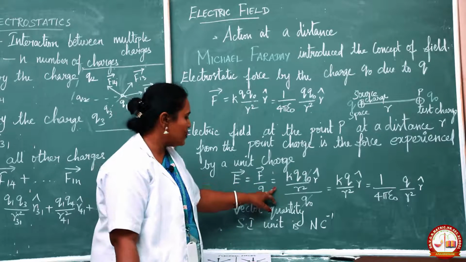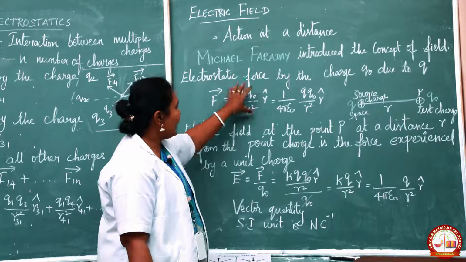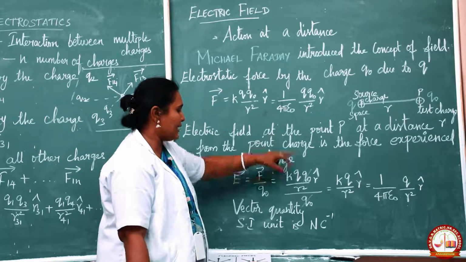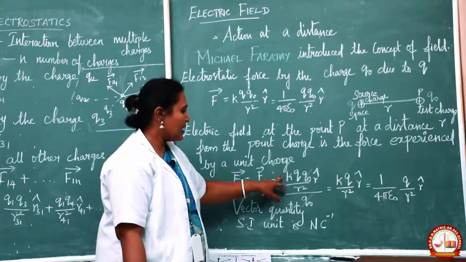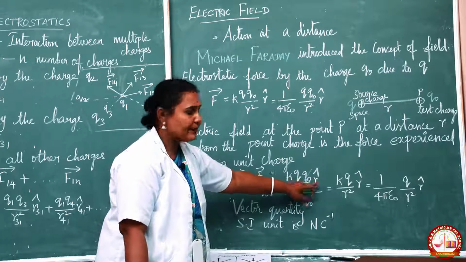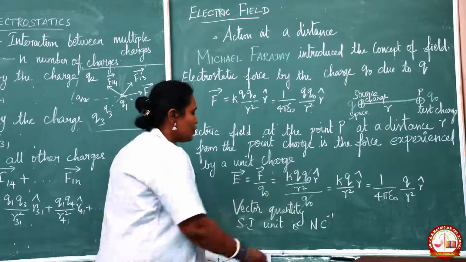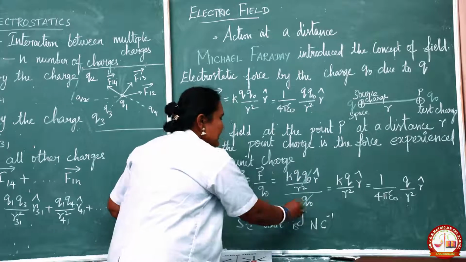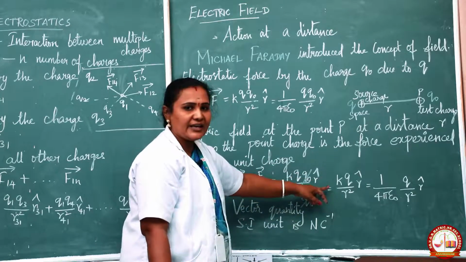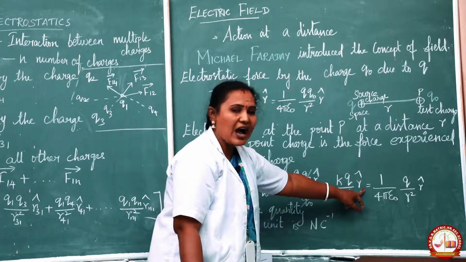So the force experienced by the unit charge is the electric field, which is equal to the F vector we already saw in the earlier equation. I am substituting it here without substituting the K value: K Q Q naught divided by r square into r cap. Now we divide it by the unit charge Q naught. This Q naught and this Q naught get cancelled, and the remaining thing is K Q divided by r square into r cap.